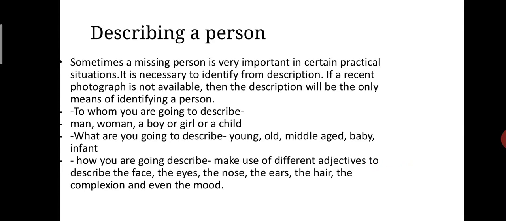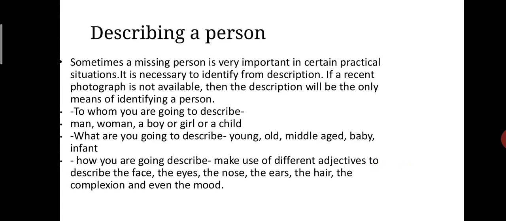Whenever you are going to describe a person, a place, a thing, what are the necessary things you are going to describe is written in this module, and there is practical practice for this, how you are going to describe the person as per his personality traits.